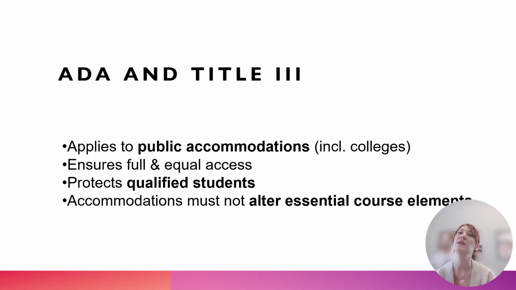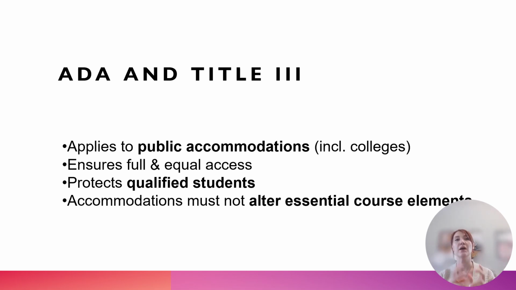The ADA is actually comprised of five titles, and Title III applies to places of public accommodation, and that's going to include private colleges, especially those receiving federal funding in the form of MAP grants, SAMHSA grants, etc. The purpose of this law is to ensure full and equal access for all individuals, including those with disabilities, to college programs, services, and buildings.